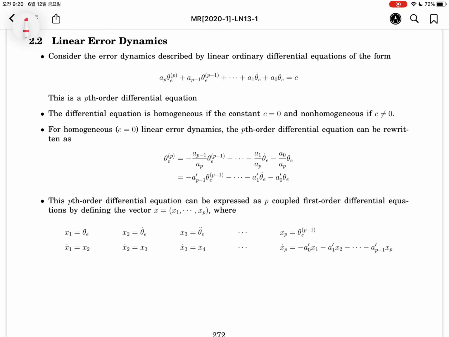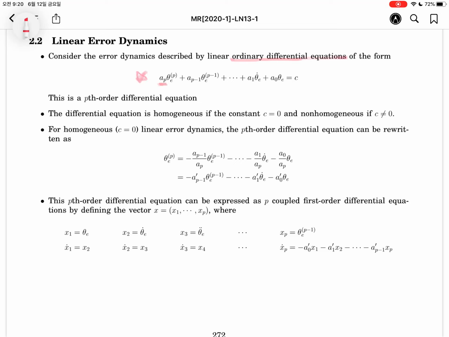Linear error dynamics. Actually, this book covers mostly linear theory, because linear theory is very well developed, but nonlinear theory is still a challenging issue. Consider error dynamics described by a linear ordinary differential equation of the following form.